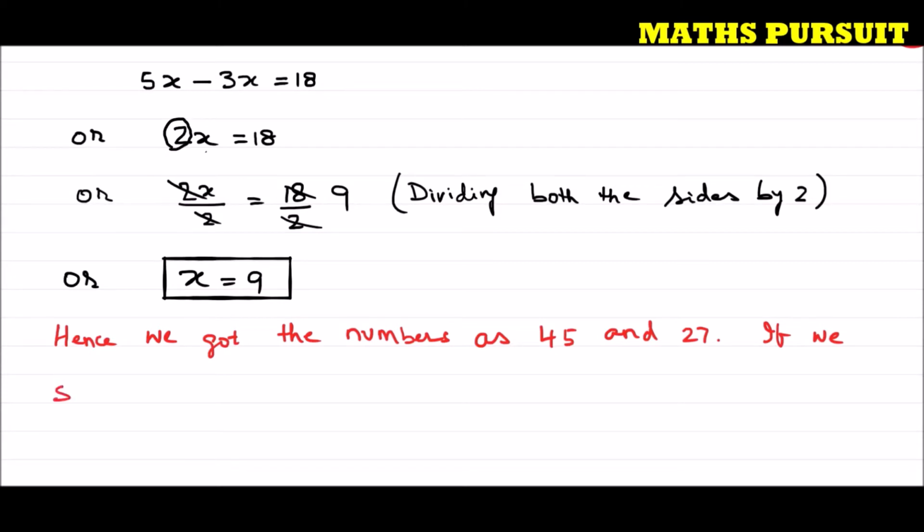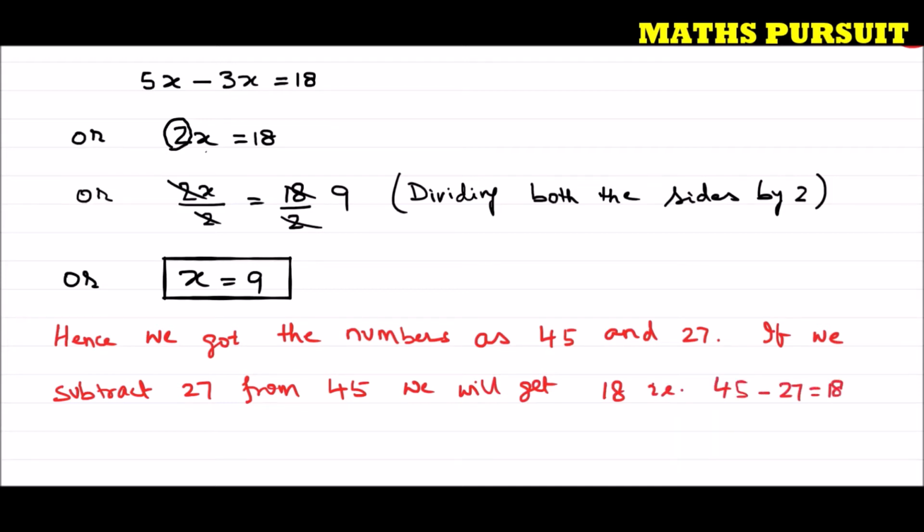If we subtract 27 from 45, we will get 18. That is 45 minus 27 is equal to 18. This is what the question has given us, and we also got the answer.